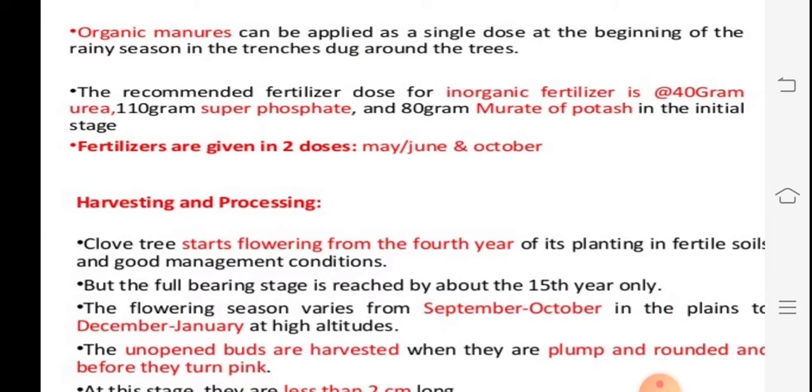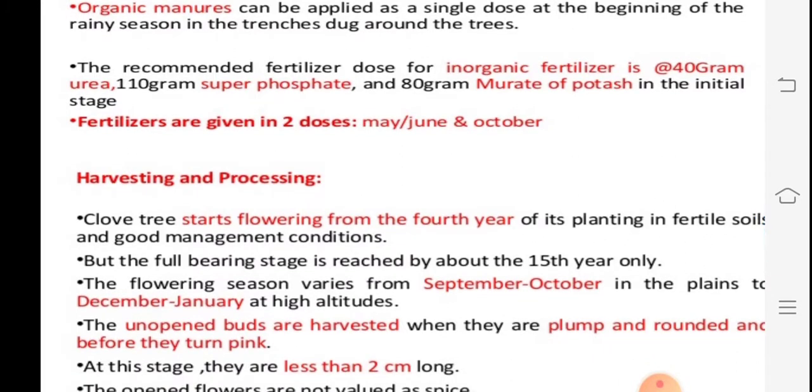Inorganic fertilizers are about 40 grams urea, 110 grams superphosphate and 80 grams muriate of potash, applied for proper growth. Two doses are required, in the month of May or June, and after 5 months in October.